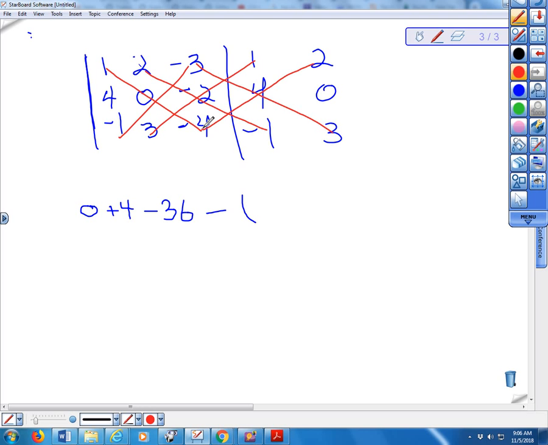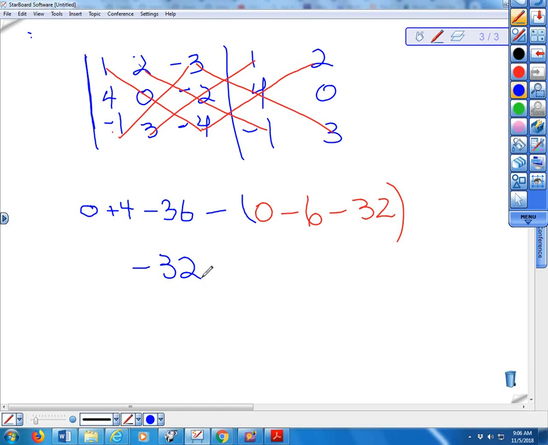Negative 3 times 0 times negative 1 is 0, right? 1 times negative 2 is negative 2, times 3, negative 6. And 2 times 4 is 8, times negative 4, negative 32. So on the left I have negative 32, right?